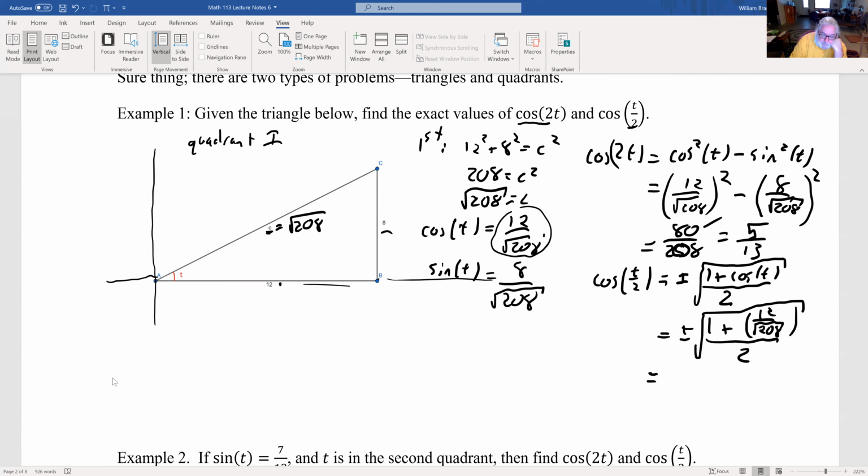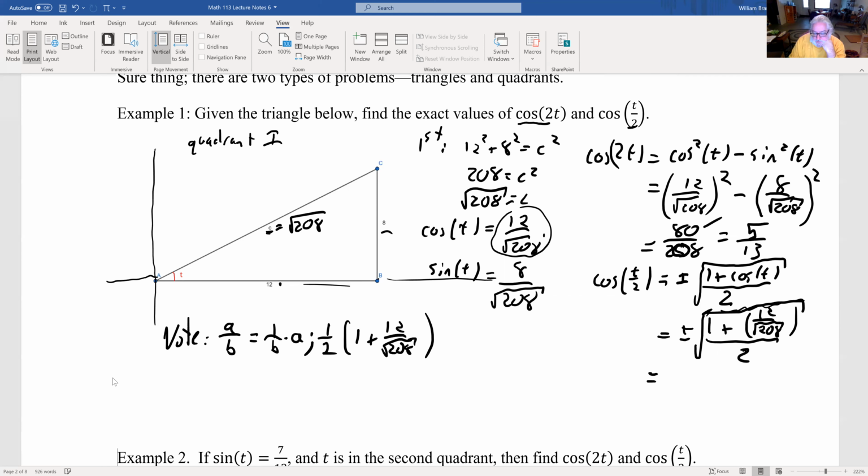So I'm going to make a note here. Remember that if you have a fraction a over b, that's the same thing as saying it's 1 over b, 1 over the denominator times the numerator. So if I have this thing here inside the square root that I need to simplify, the denominator is 2, so that's going to be 1/2, times whatever's in the top, 1 plus 12 over square root of 208.